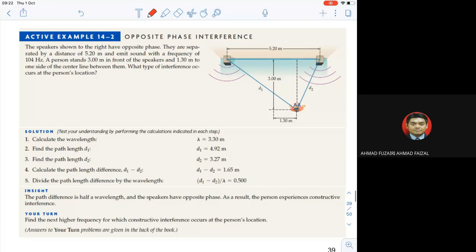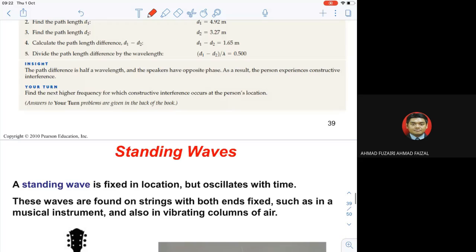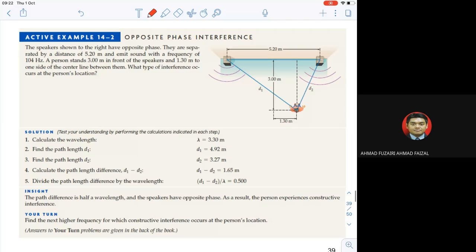There is one more example in terms of interference. Okay, the speakers shown to the right have opposite phase. They are separated by a distance of 5.2 meters and emit sound with a frequency of 104 hertz.